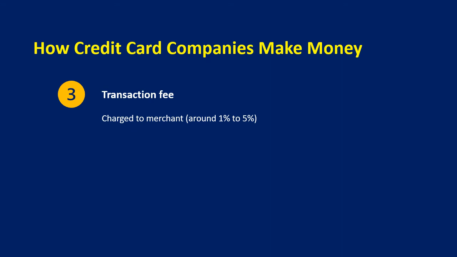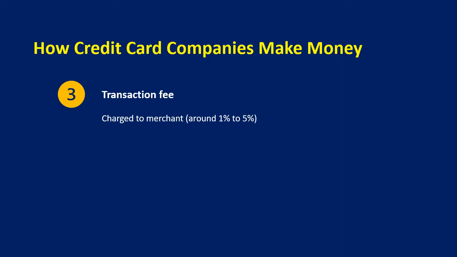When they use that machine, they have an agreement with the credit card company that for every card swipe here, you will be charged 3.5%. So if they sell something for 1,000 pesos, 3.5% will go to the credit card company.